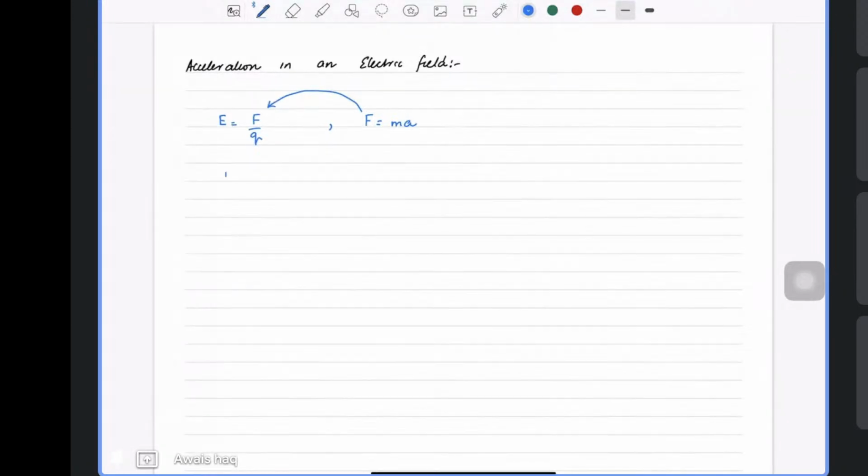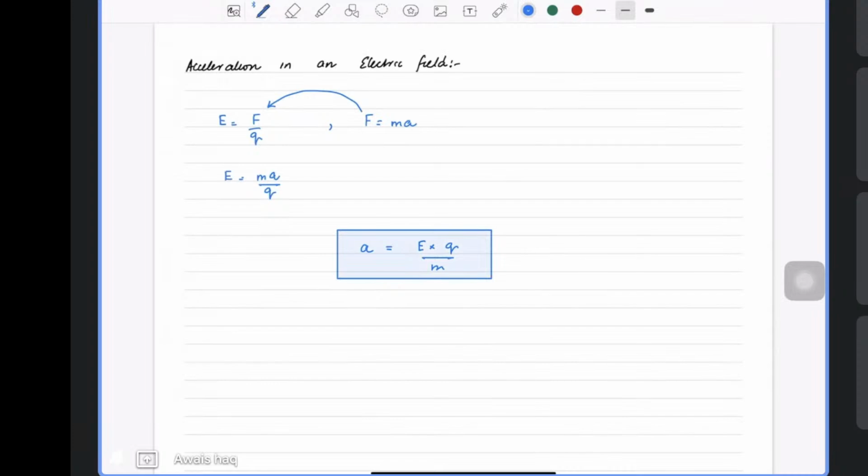So electric field strength will be equal to MA over Q, and then you can make acceleration the subject. So acceleration will be E times Q over M, and that's what we're looking for. So I'm going to write it bigger right here. A equals E times Q over M, like that.